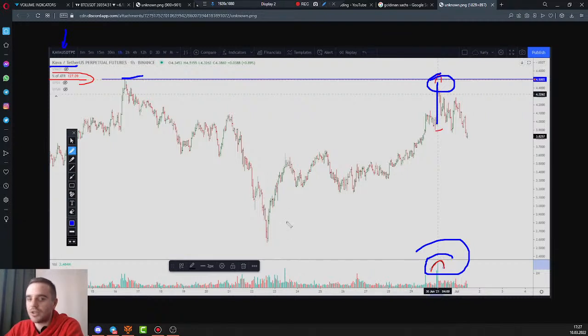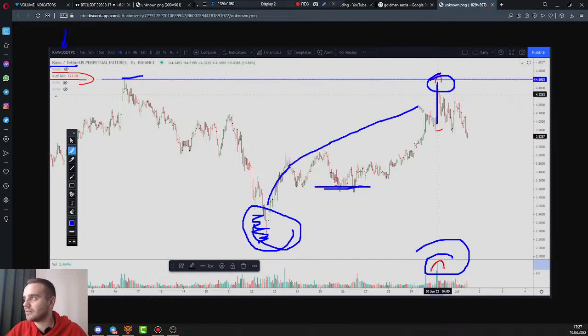Because imagine you bought Kava here, or you bought Kava here, and to close your trade, you must sell. And it is important for you to sell it to someone. A lot of traders quite often set stop losses and take profits near such important levels.